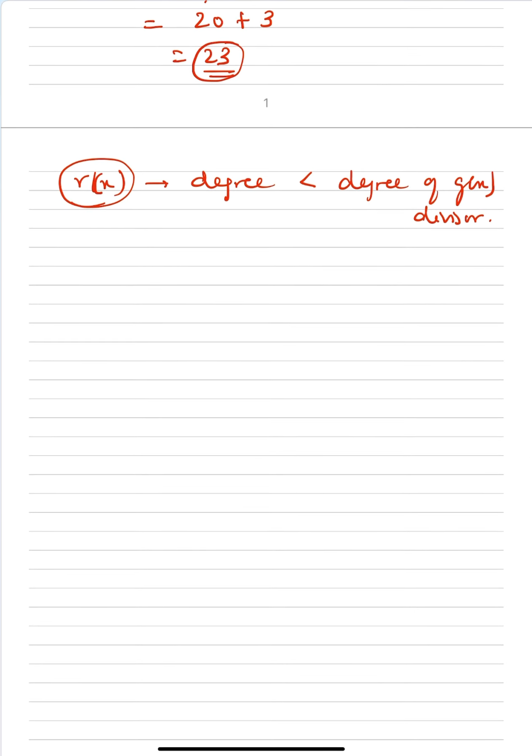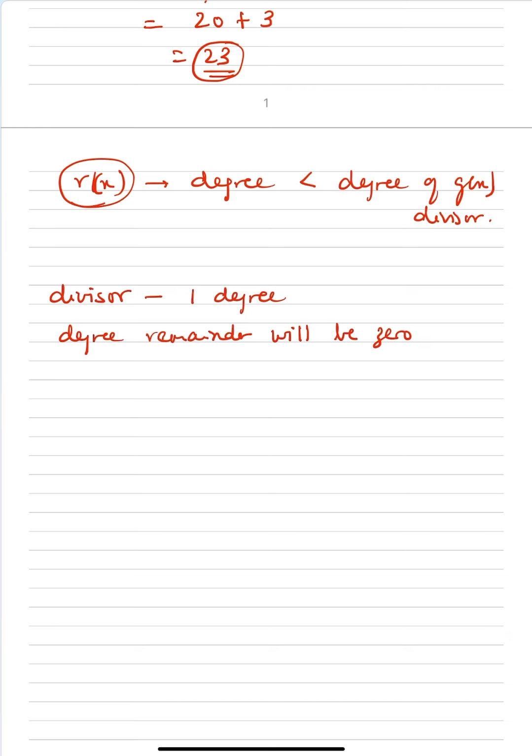If the divisor has degree 1, then the degree of the remainder will be 0. That is, the remainder will be a constant. There will be a number.